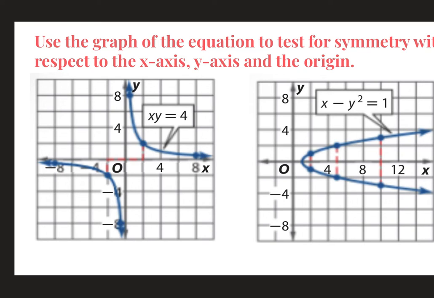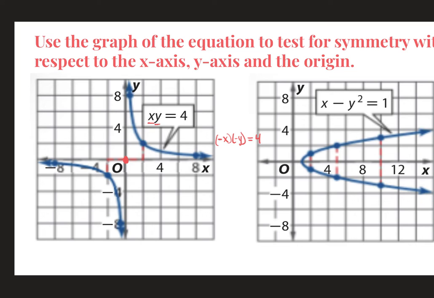So in my first problem, it appears that I have some symmetry with respect to the origin. So I am replacing both x and y with negative x and y to see if I produce the same outcome. So negative x, negative y equals 4. And then you would want to simplify.